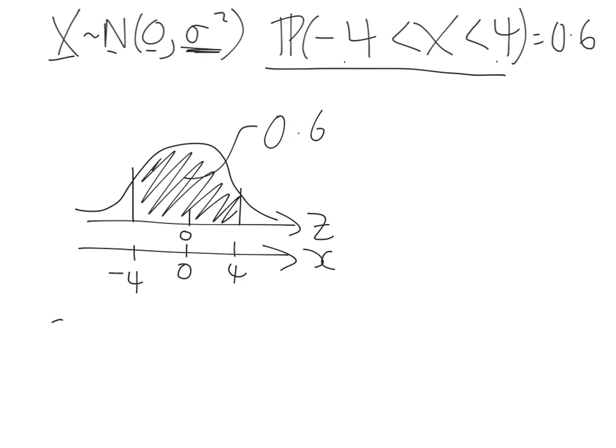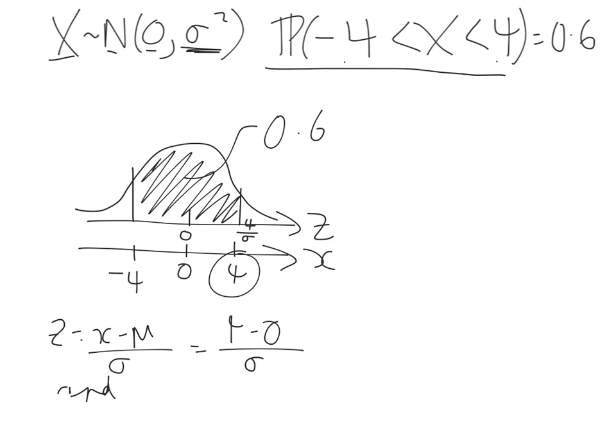And using our formula, z equals x minus mu over sigma, well, for this one, we get 4 take away 0 over sigma. So that one is going to be 4 over sigma. And then for the other one, minus 4 take away 0 over sigma. So this is minus 4 over sigma.